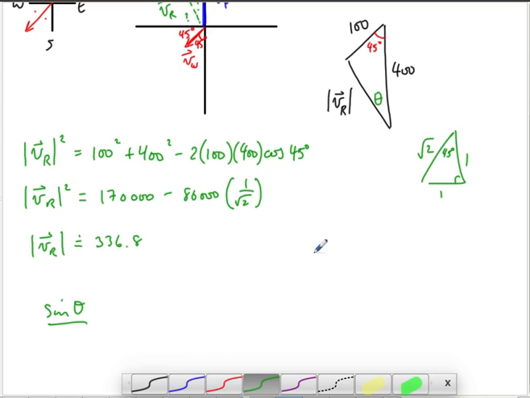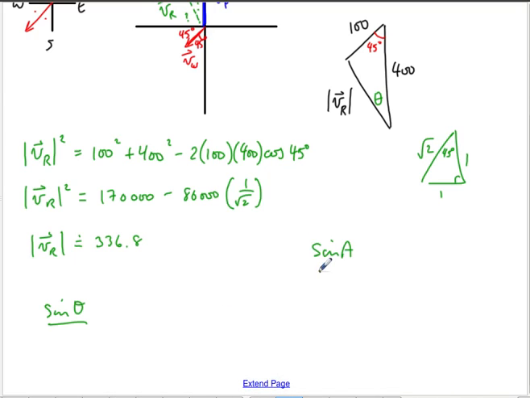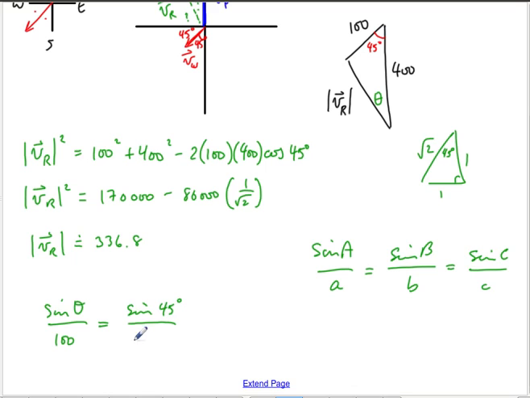We normally write sine law as sine A over A equals sine B over B equals sine C over C. So I'm going to say sine theta over 100 is equal to sine of 45 degrees over the magnitude of our resultant vector.